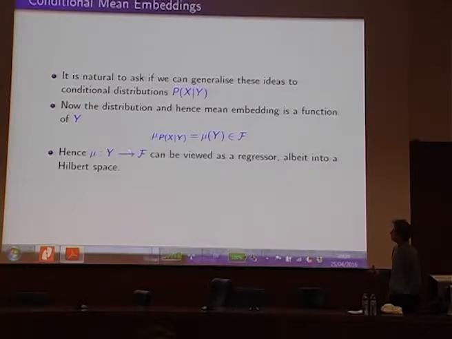And you can just view that, because this is basically a Euclidean or a Hilbert space, as a regressor. So learning to act in the world comes down to learning a regressor in this way of viewing things.